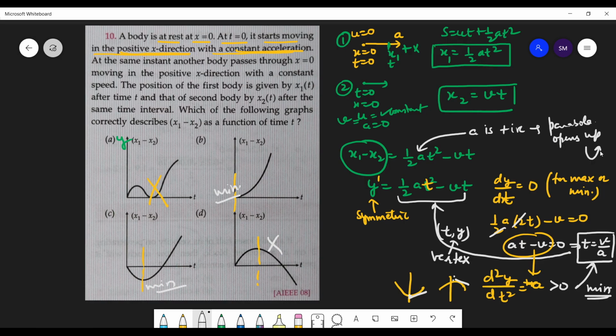Yes, that is the meaning of a positive. So again this graph is wrong, because this is not opening up, this is opening down. So you saw, from here also you have told that this graph is wrong. From here also you have told that this graph is wrong. Is this clear, students?